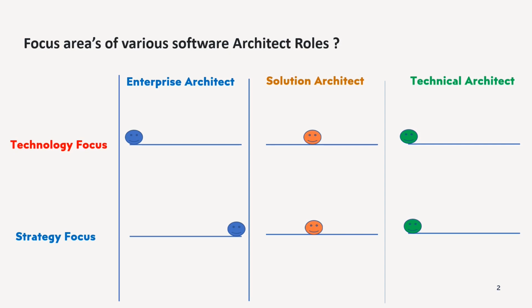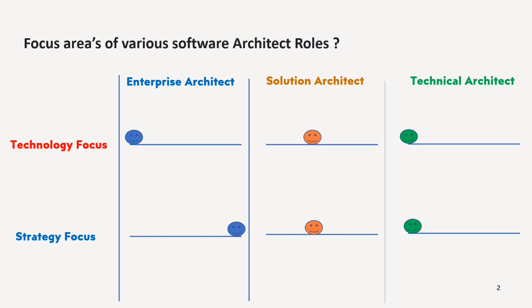So now this solution architect will try to find a common solution that can be tweaked for every application based on its needs. So the solution architect will basically focus on the strategy side of their area, like credit card applications, and then find a solution that can be applied to all the applications in that purview, right?